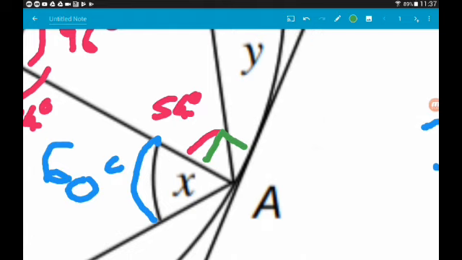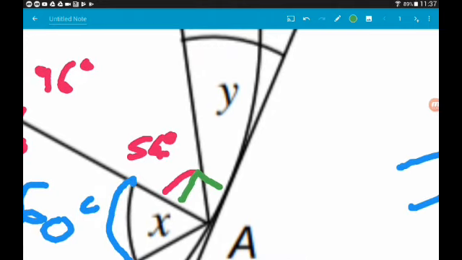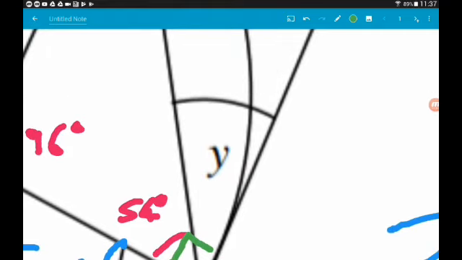So, y then is 90 minus 54 degrees, which is 36 degrees. So there we go, we have our values of x and y.